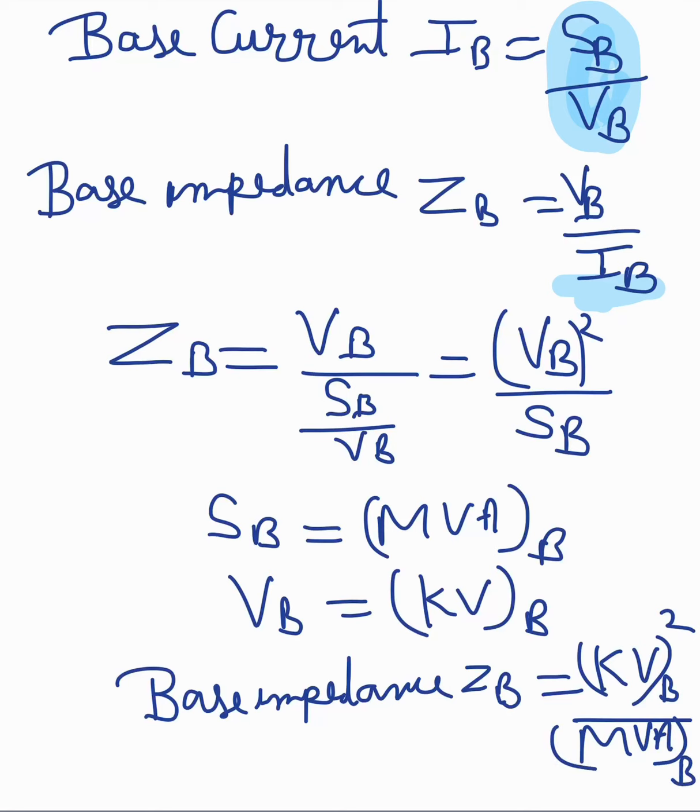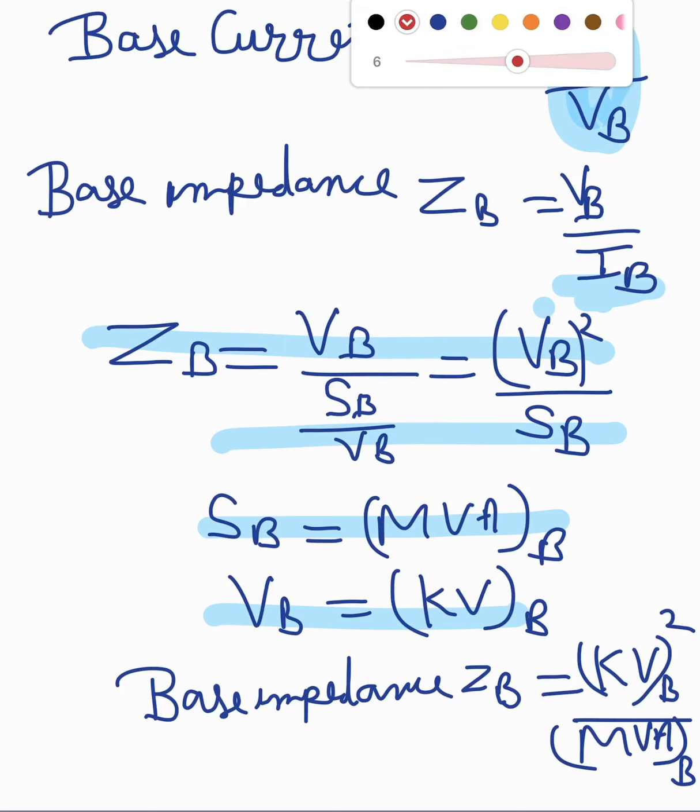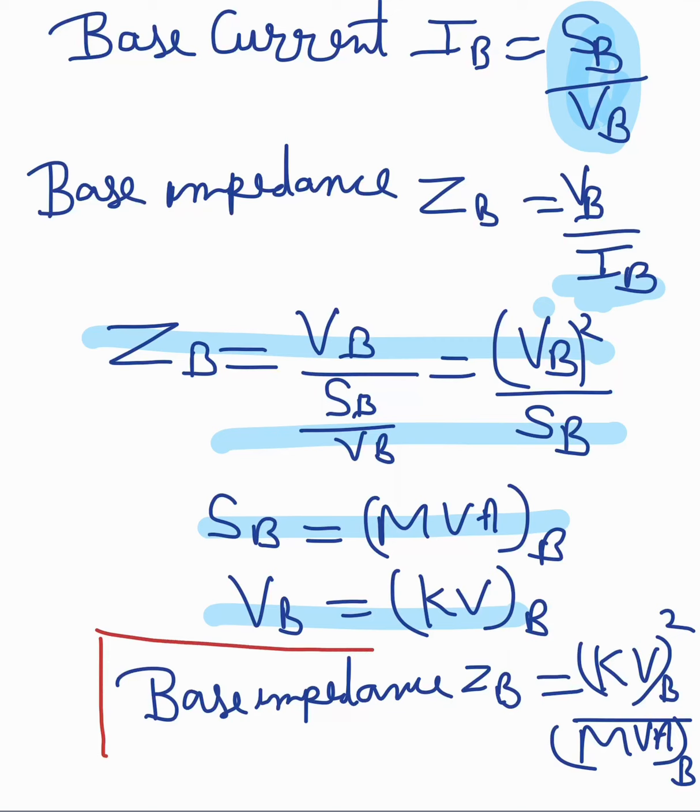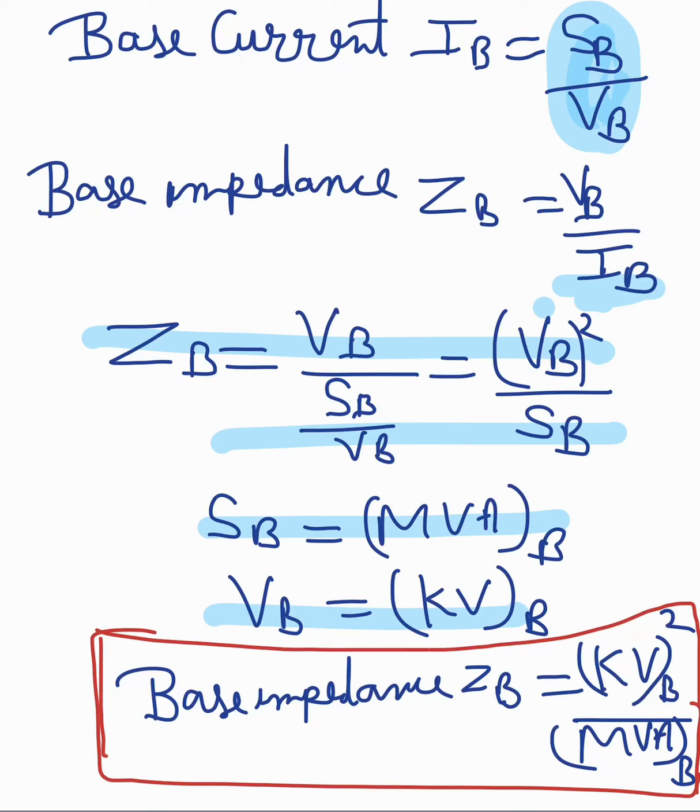Here we put the values of SB and VB in this equation. So ZB is equal to KV square upon MVA base. That is the important formula to calculate the base impedance. ये important है आपके base impedance calculate करने के लिए. ZB जो होगा equal to होगा किलोवोल्ट का whole square upon MVA.